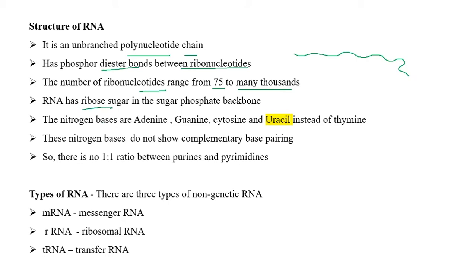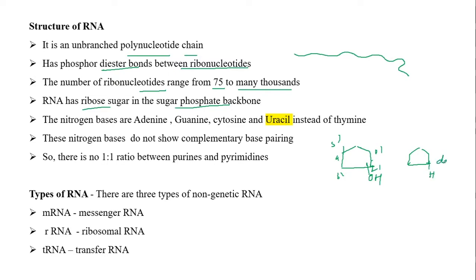RNA has a ribose sugar in the sugar phosphate backbone. Suppose we draw the sugar phosphate backbone like this. This is the ribose sugar. This is 1', 2', 3', 4' and 5'. At the second position in the ribose sugar we have OH, whereas in deoxyribose sugar in the second prime position only H is there.